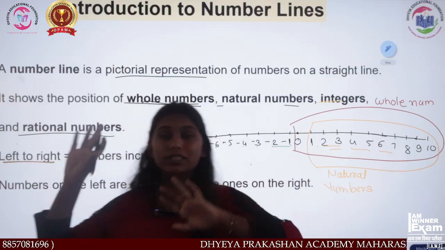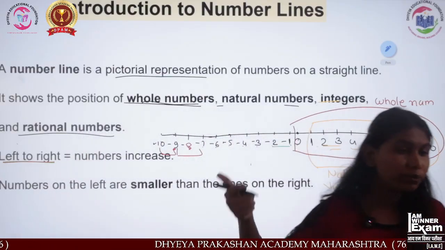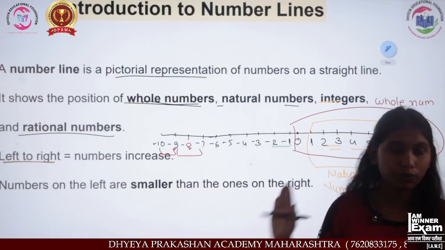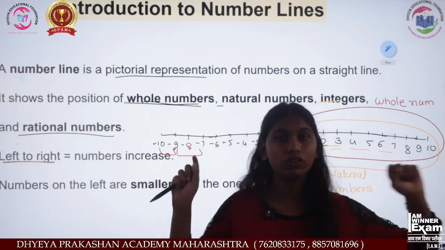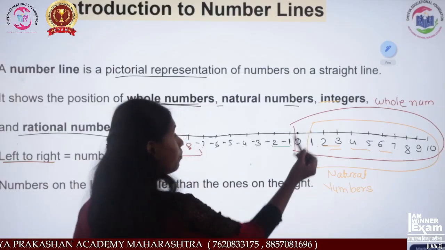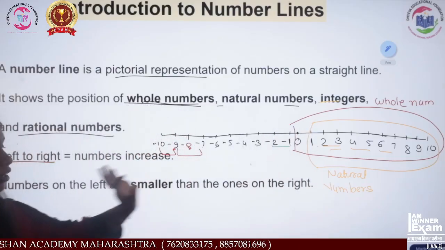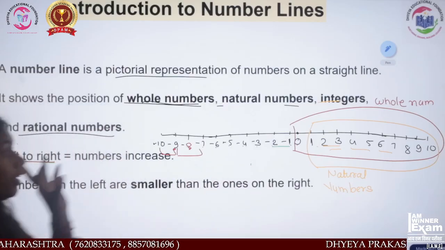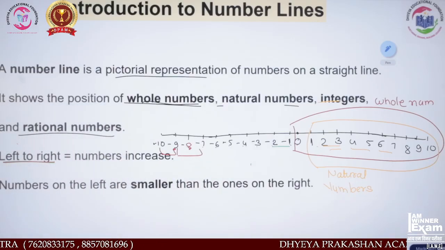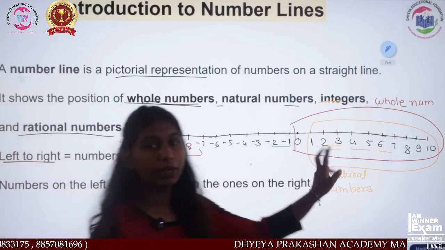Now 0 is not a negative number and not a positive number. 0 is just 0. You cannot consider 0 as negative or positive, but it is in the middle. It is always in the middle of this number line, and it is not considered as a minus or a plus number.